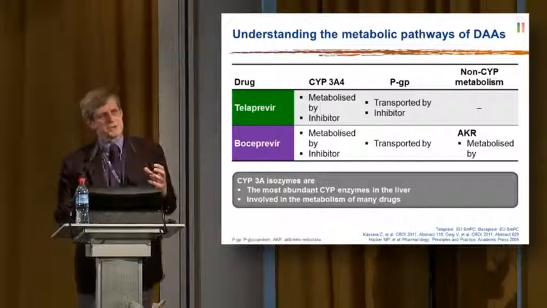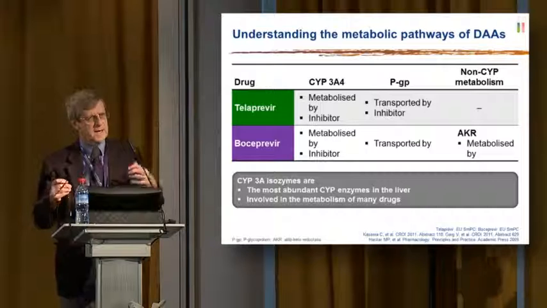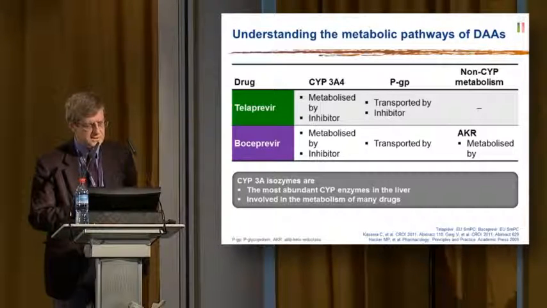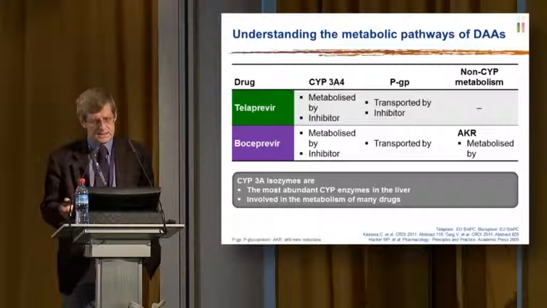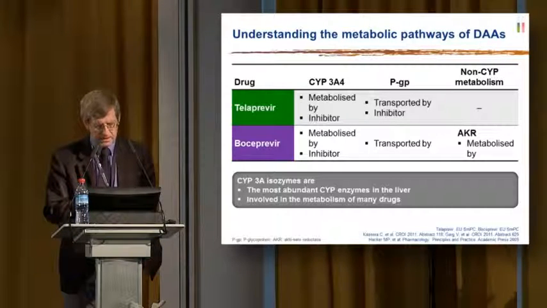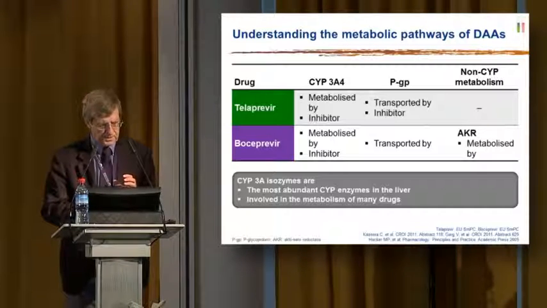That inhibition can cause drug interactions, and we have to think about how we manage those drug interactions. That's not the only mechanism, as I tried to indicate in my talk yesterday, but I think that is the one that we really are concerned about.